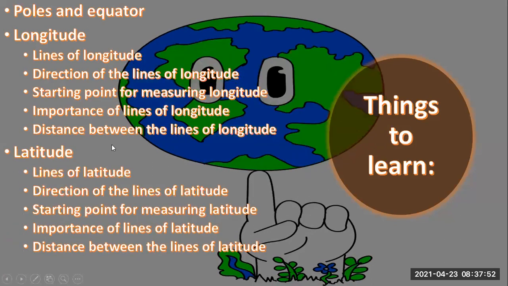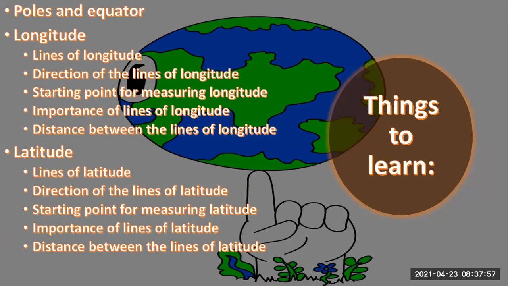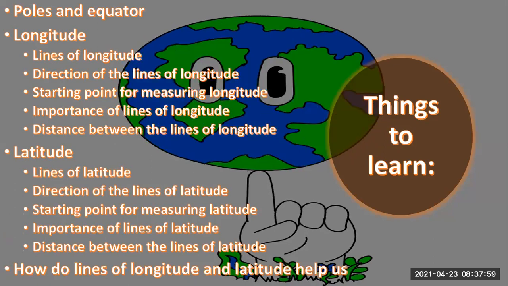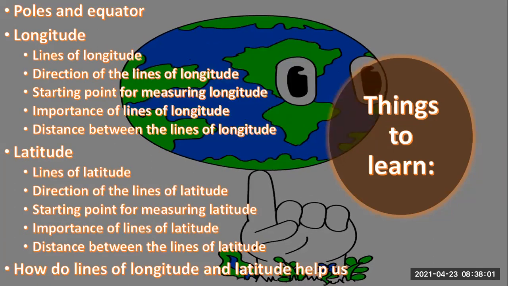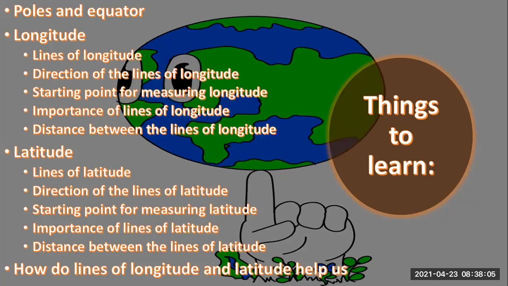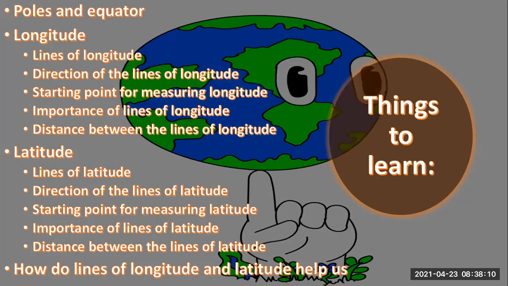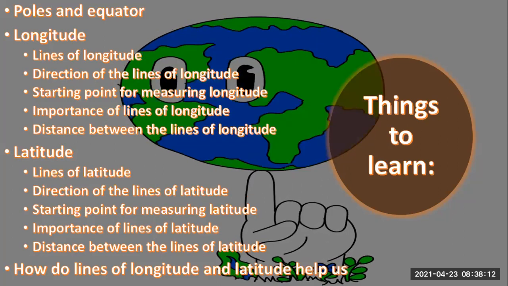Afterwards, we'll see all these things for the latitude, which we have seen for longitude. Then in the last, we'll see how the lines of longitude and latitude help us to locate any thing.